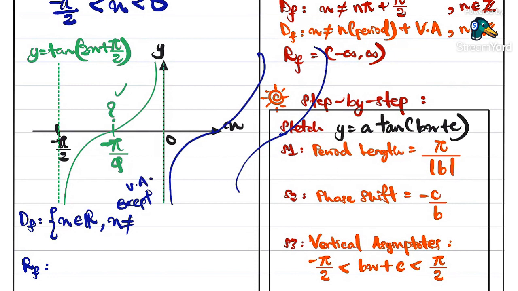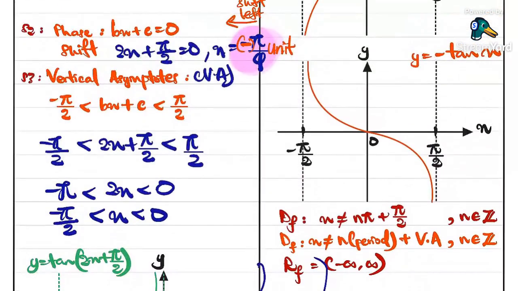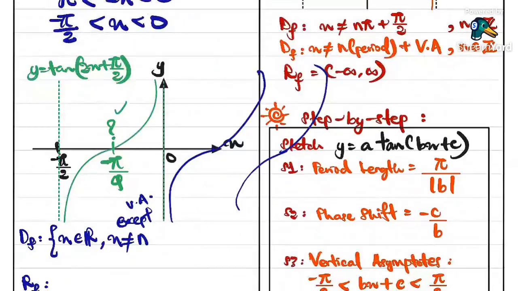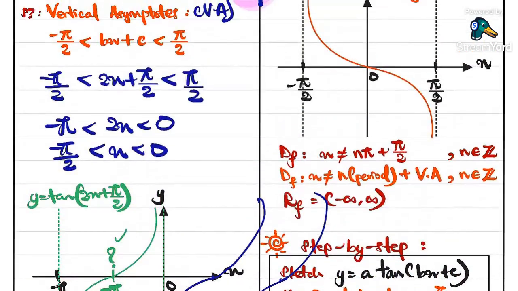So X is everywhere except n times the period length. N times the period length. You just use the formula that I've given you. You don't need to think hard about why. Just use it. And then plus the vertical asymptote that is positive, okay?